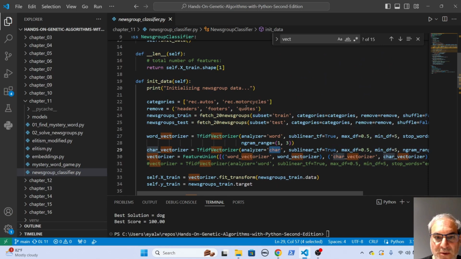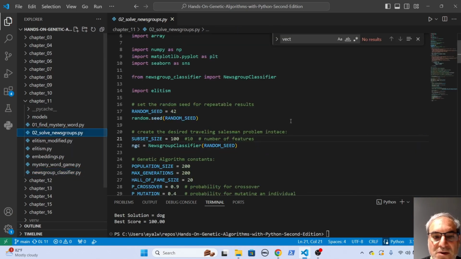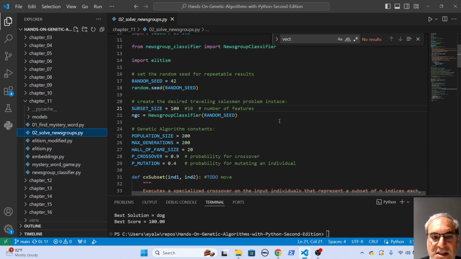But what we want to do is, as we will see, there are many of those features, about 50,000, and we want here to use a genetic algorithm to find a particular subset. So we have a genetic algorithm here for the newsgroups where we say, let's just find a subset of 100 out of the 50,000 or whatever combinations of n-grams are possible.